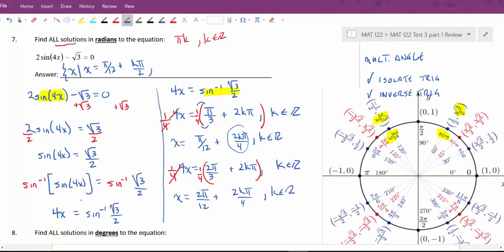Then you can just reduce those fractions. So we have pi over 6, and then k pi over 2, like that. So our second answer is x is equal to pi over 6 plus k pi over 2, with k being an integer. Okay, then that will be the solution to the problem.